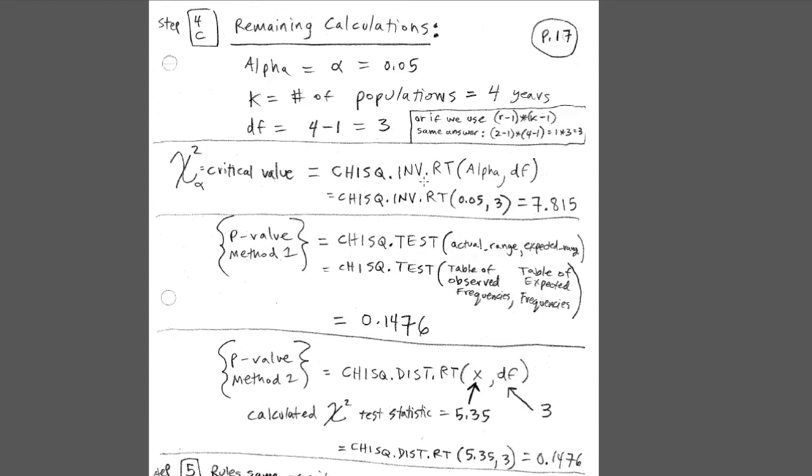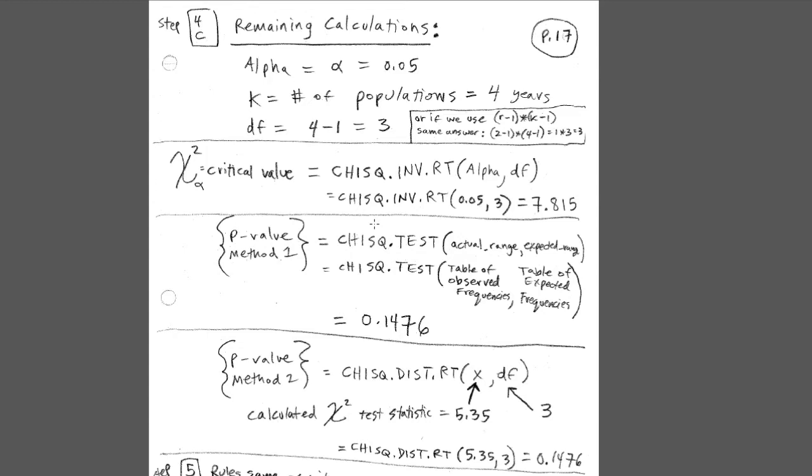Dot inverse, we know by now that means the value. And because it's always on the upper end, it's going to be a right. We simply put our alpha and degrees of freedom, 0.05. Degrees of freedom are 3 because we had 4 populations minus 1. And there is our hurdle, our critical value. Obviously, that's way past. So our calculated test statistic did not make it by that.